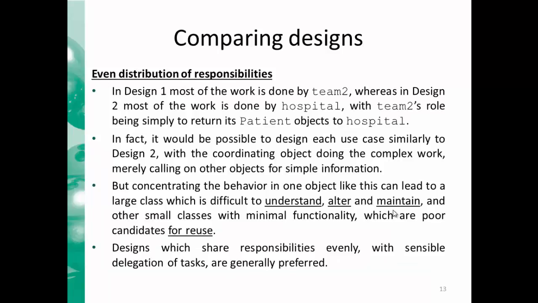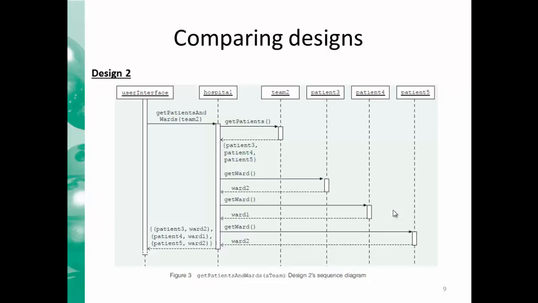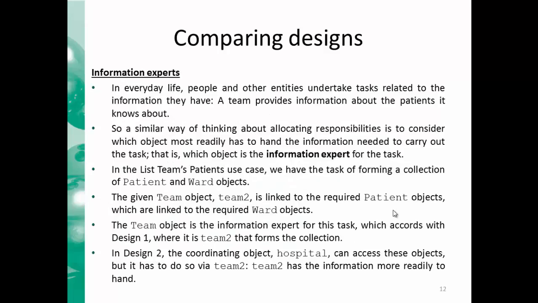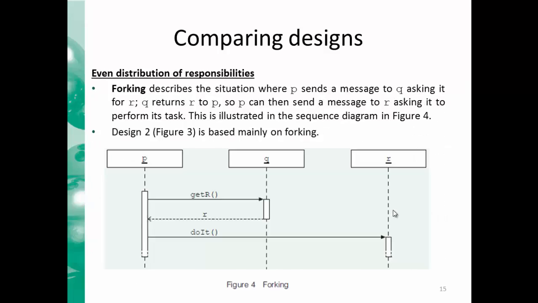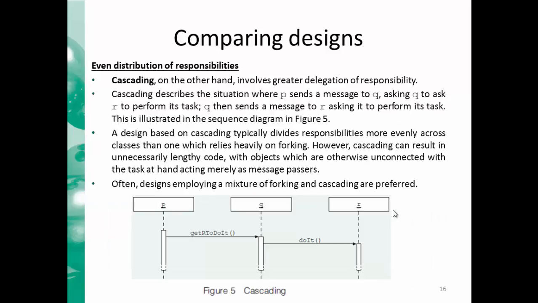And that's the design 2 sequence diagram. Here, hospital is asking for patients from team 2. Team 2 will give the hospital the patient name, and hospital will carry out the rest of the job. That's the forking. On the other hand, cascading involves a greater delegation of responsibility.